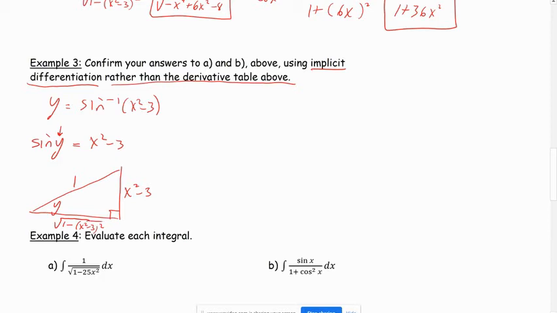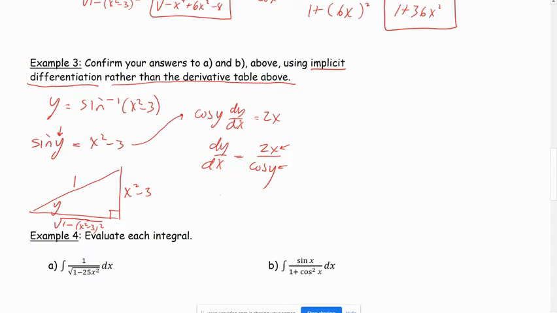And so now when I take the derivative of this, I have cosine y dy/dx equals 2x. And so dy/dx, which is what we're trying to find, is equal to 2x over cosine y. It looks like we're done, but we don't really want a derivative that has x's and y's in it. We're trying to find the derivative as a function of x. And so here's where the triangle comes in.